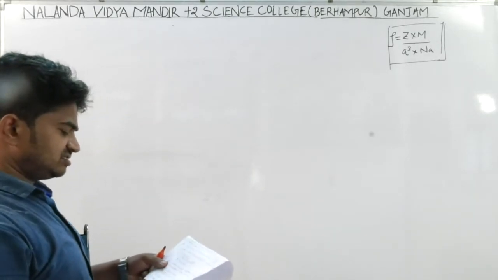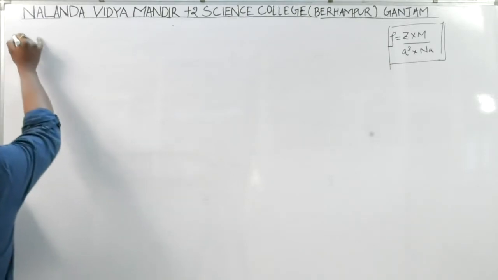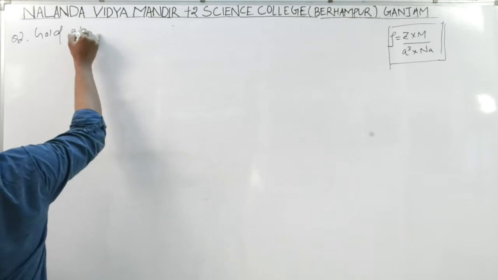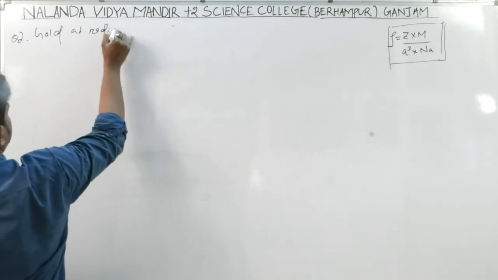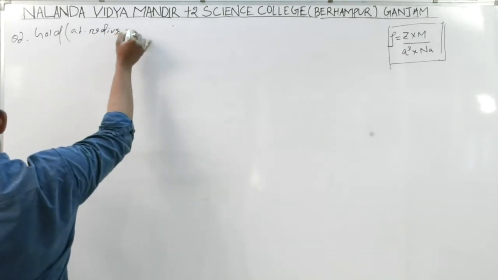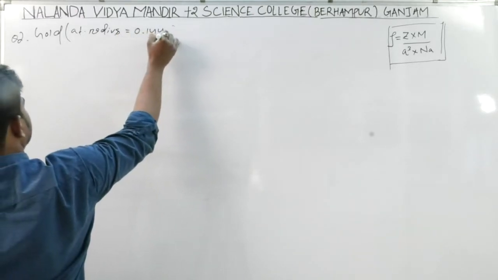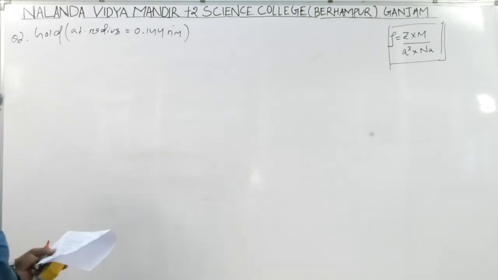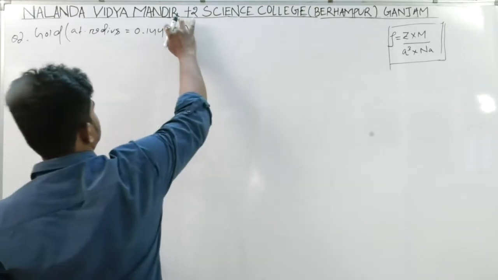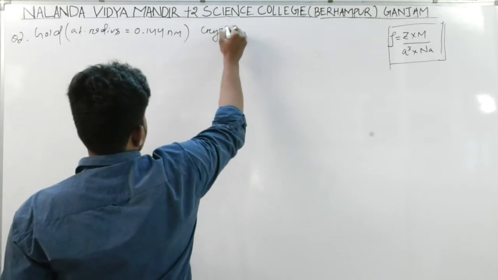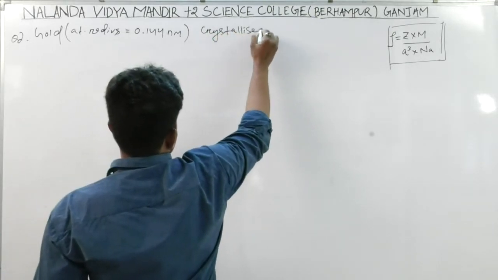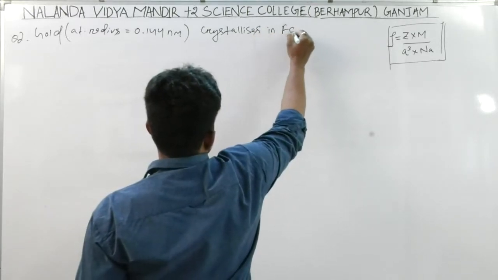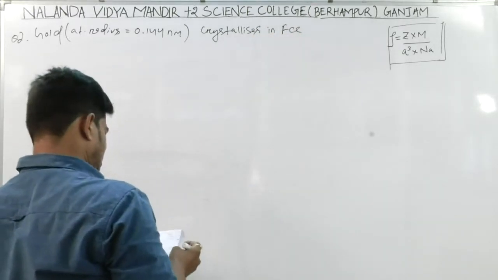Gold atomic radius, that is the next question. Gold atomic radius is equal to 0.144 nanometer. It crystallizes in FCC structure.